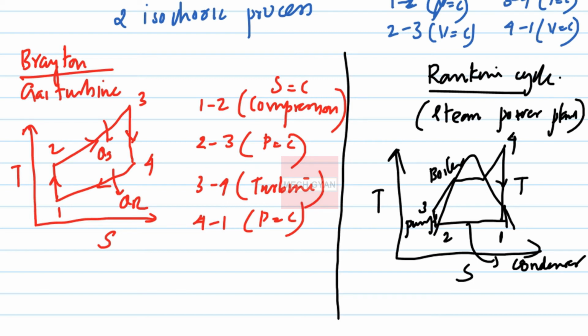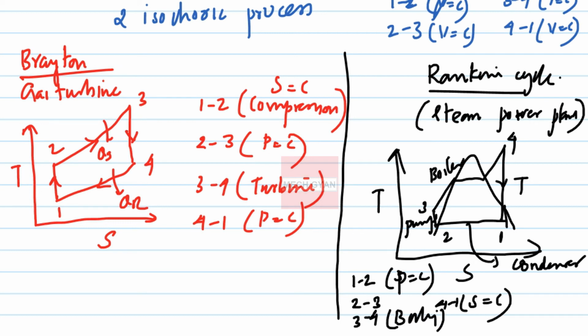The boiling process is a constant pressure process, and the turbine and pump are S equal to constant.